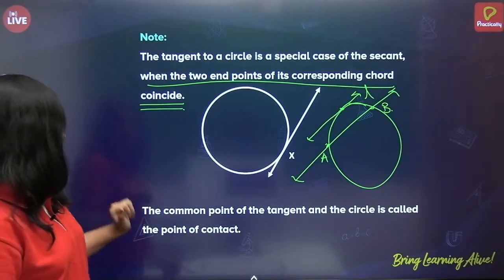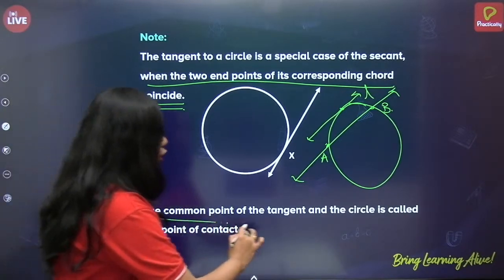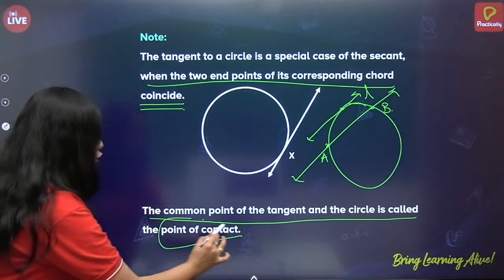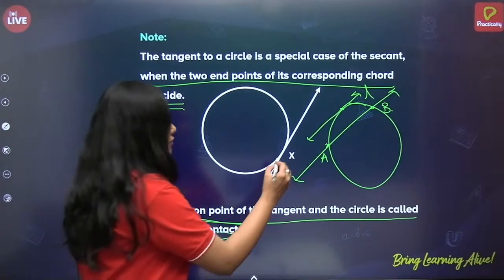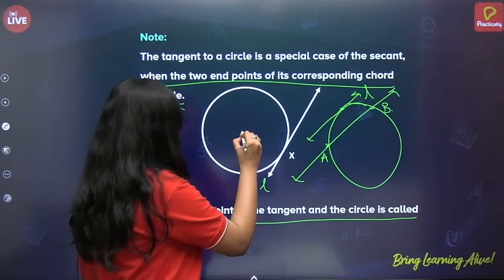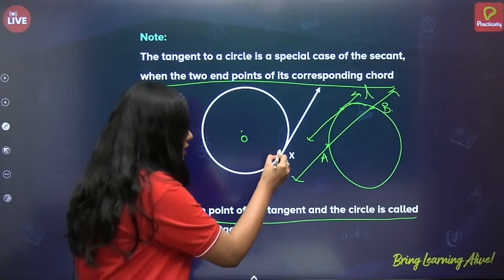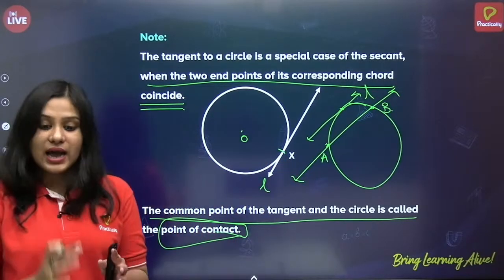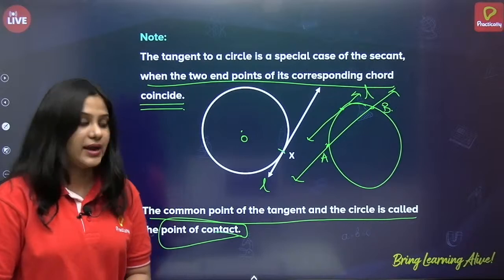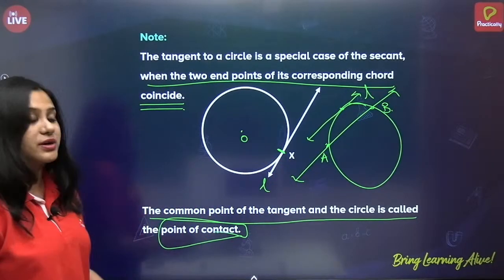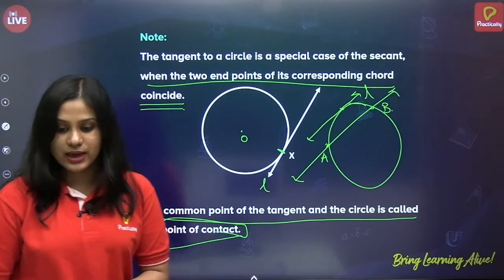Is it clear? Now, the common point of the tangent and the circle is known as the point of contact. Now, there is a line L, there is a circle with center O. There is the point X, where the line and the circle intersect. This point is known as the point of contact between circle and line.